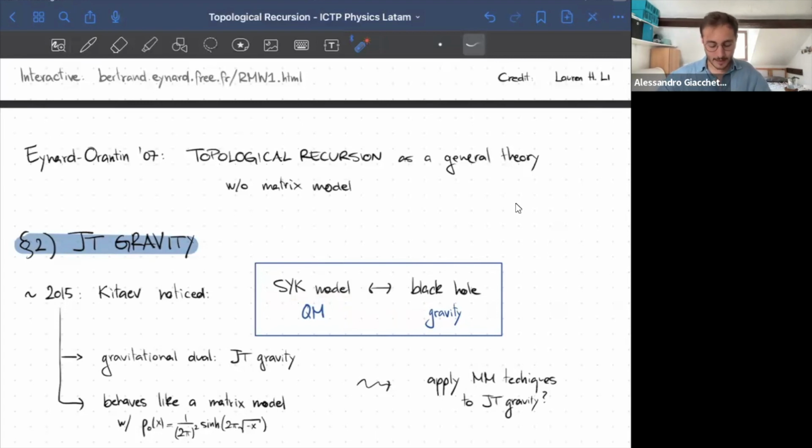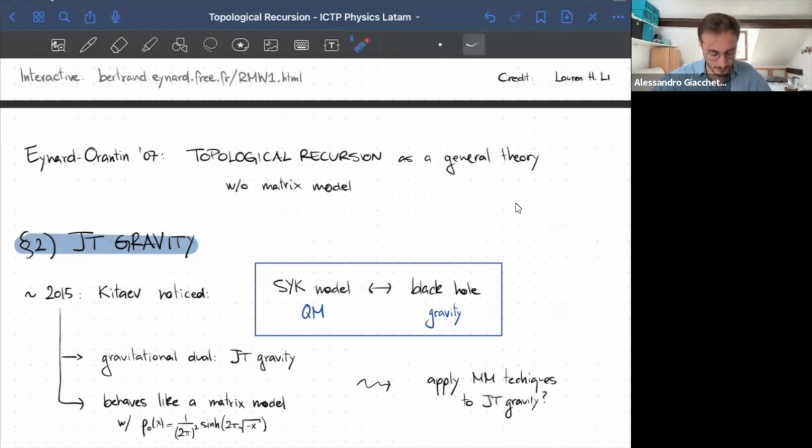So people got really excited and they started studying this SYK model more and more. And first of all, people understood that the gravitational dual to the SYK model is this JT gravity that was actually known since the 80s.